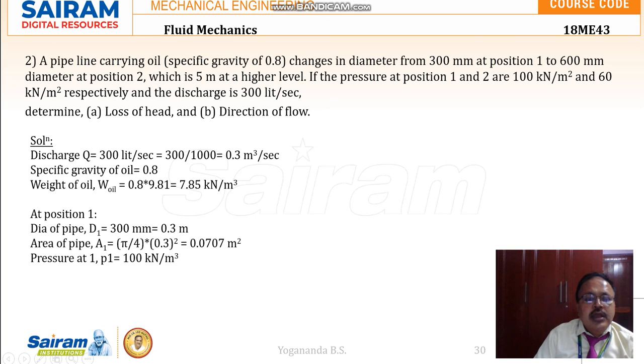So the weight of the oil is rho into G, where rho is with the specific gravity of 0.8, into 9.81, giving so many kilonewton per meter cube.